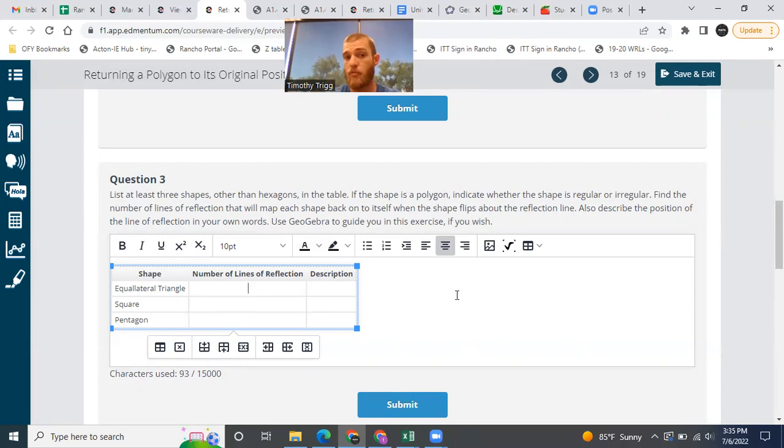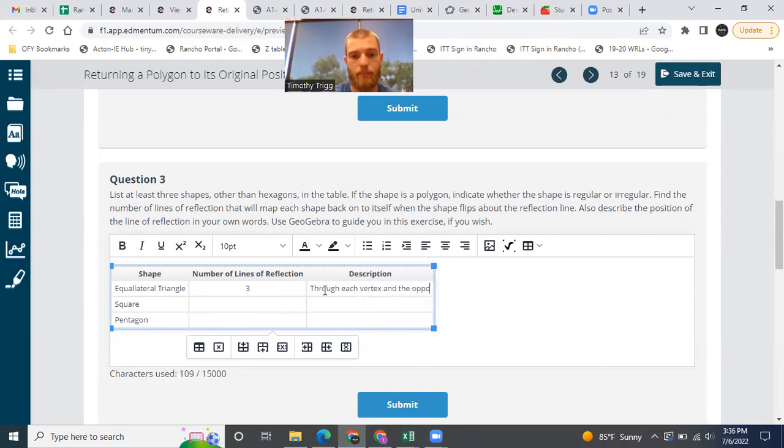Now, how many lines of reflection do you think an equilateral triangle will have? Well, 3. In this case, the description, perhaps we could say, if we showed it, would be through one vertex and the opposite side. Through each vertex and the opposite side. Hopefully you can envision that, right?